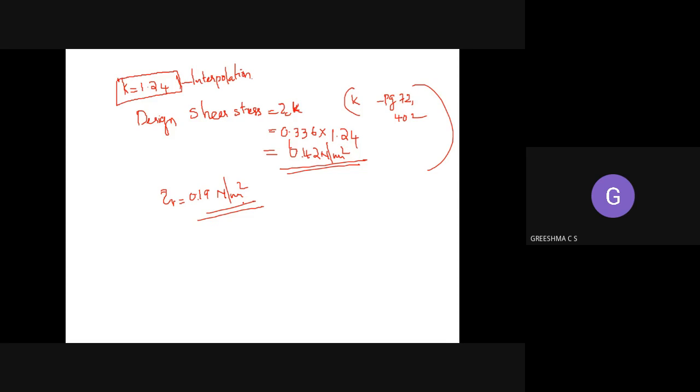The slab develops a value, TOV, of 0.19 Newton per mm square. As per the IS recommendation, it is 0.42. Whether it is safe or not, tell me. Safe or no?